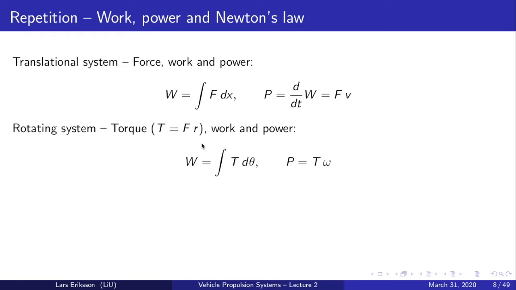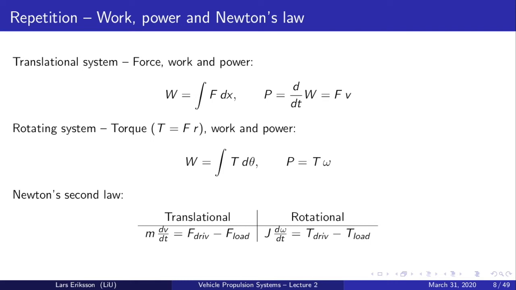For a rotating system that we have inside the vehicle, the work is then an integral of the torque over the angle that we are pulling the torque. As for the translational system, the rotational system also has a power, work, and torque relation. So the power is the torque times the angular velocity, and we see that force and torque have the same relations, and velocity and angular velocity have the same relations.